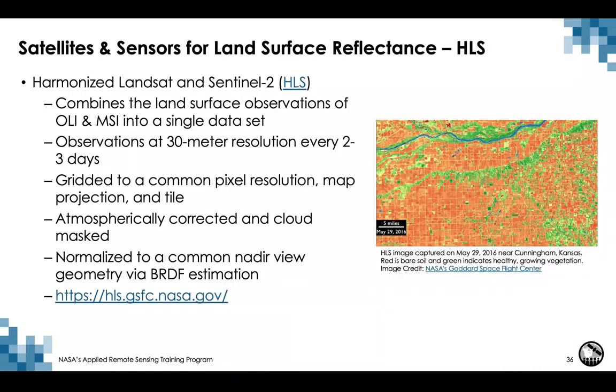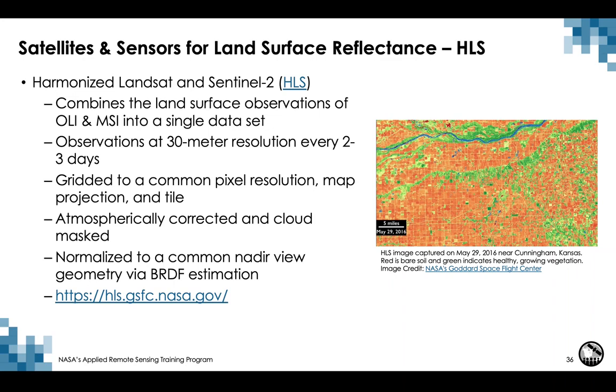One of the biggest innovations in moderate resolution multispectral satellite measurements has been the harmonized Landsat 8 and Sentinel-2 products, or HLS for short. The HLS project is an effort to harmonize the data of the 2 satellite programs, both Landsat and Sentinel, so they can be more easily used in unison.